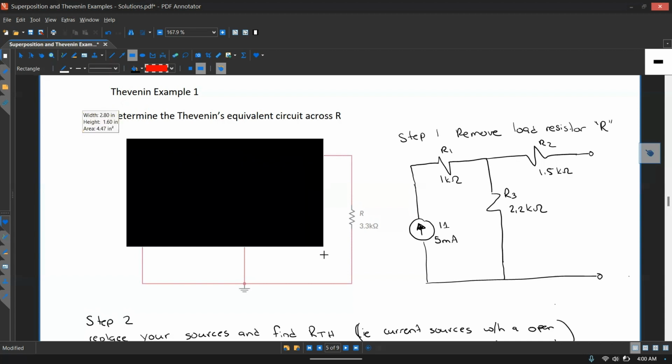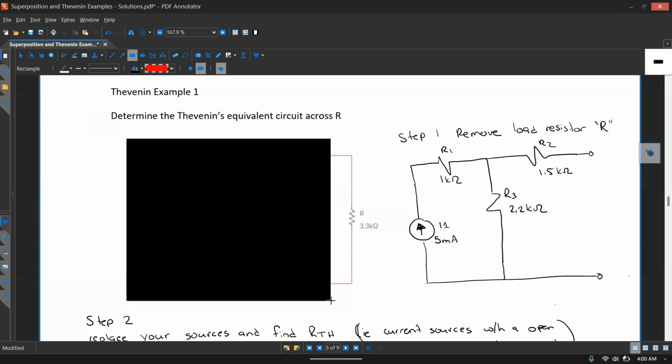This is your load right here, and they don't really care what's inside this black box. We don't really care what's in the black box, as long as this load is seeing a particular resistance and voltage, and that's what Thevenin analysis is doing.